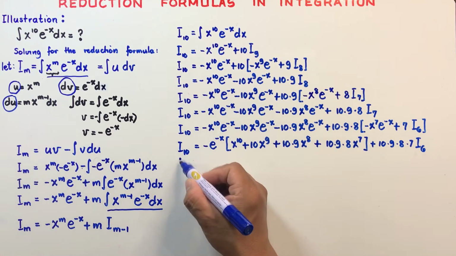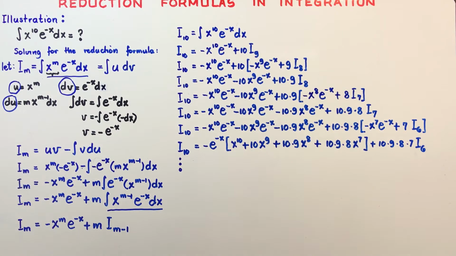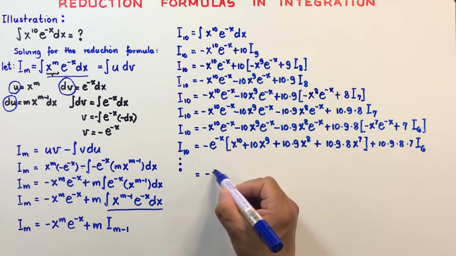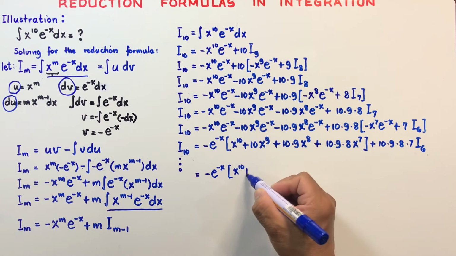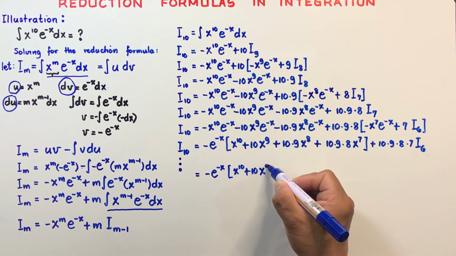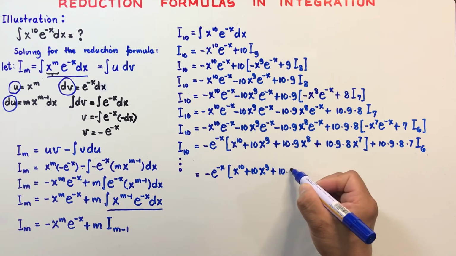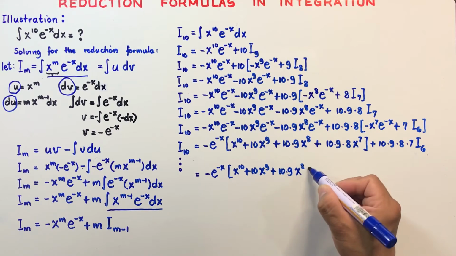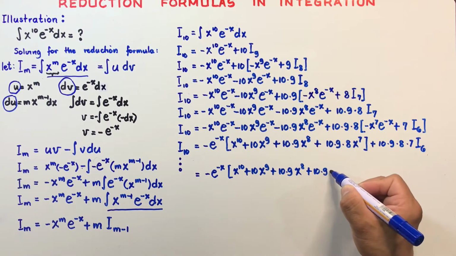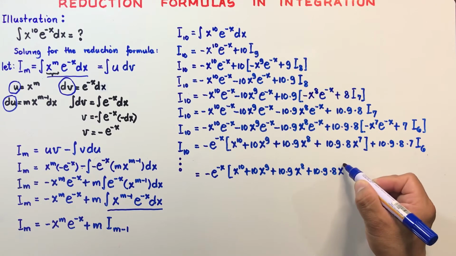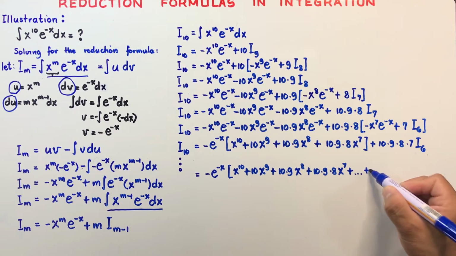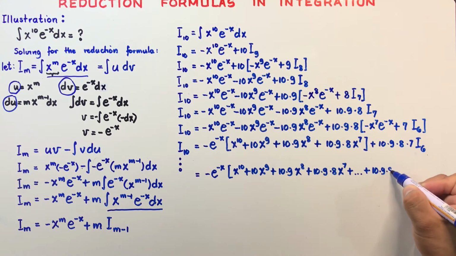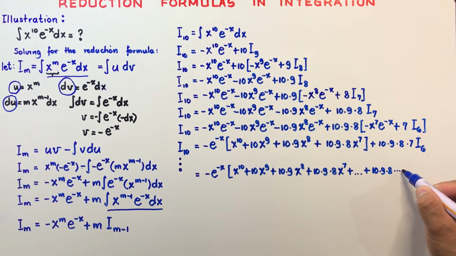And then repeating this process until this will reach 0, we have negative e to the negative x times x to the power 10 plus 10x to the power 9 plus 10 times 9 x to the power 8 plus 10 times 9 times 8 times x to the power 7 plus and so on and so forth until you will reach 10 times 9 times 8 times until the last number 2.